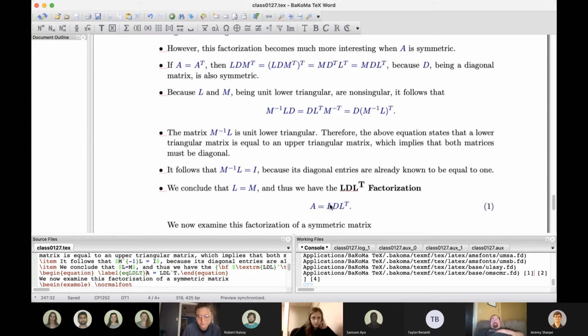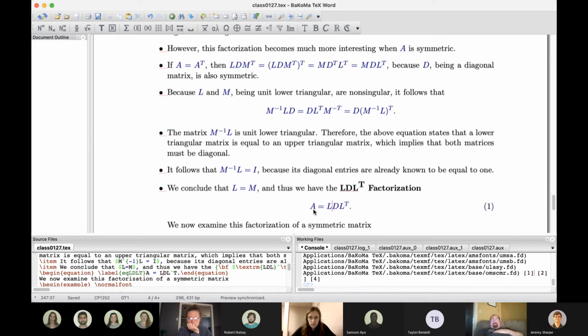Since L is unit lower triangular, I only need to store the strictly lower triangular part, and then the n diagonal entries of D. So the interesting entries of L and D come to about n times (n plus 1) over 2.